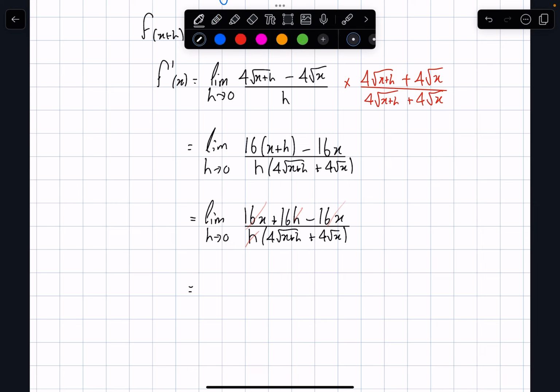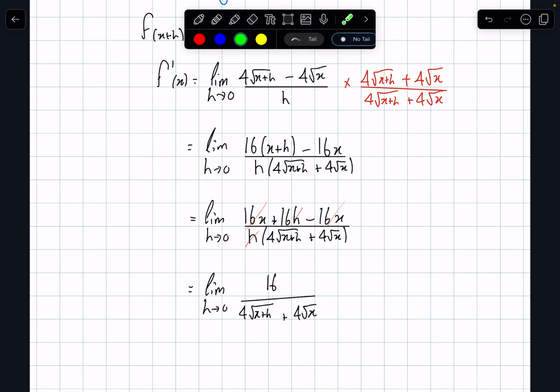So now in the top, I'm left with just 16. Then on the bottom, I'm left with 4 square root of x plus h plus 4 root x. Now, if I apply my limit here as h tends to 0, the denominator doesn't become 0, so I'm allowed to do it.